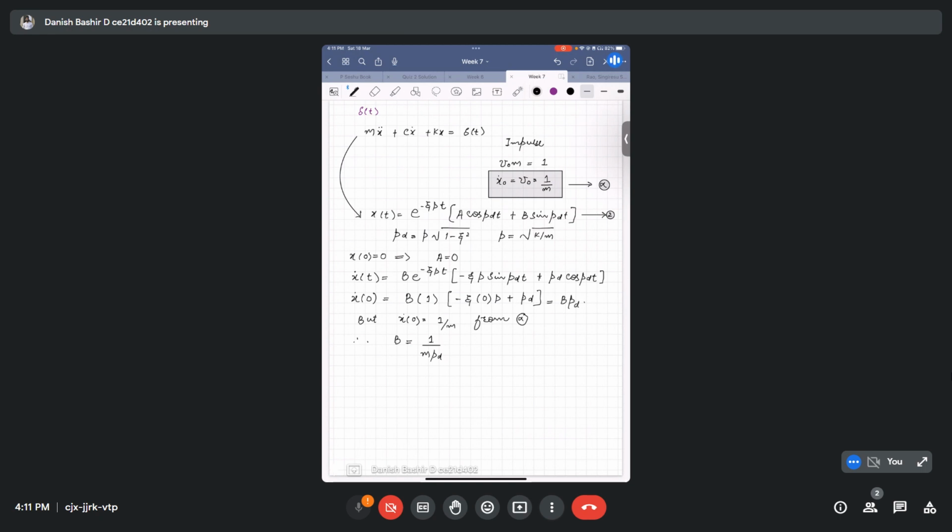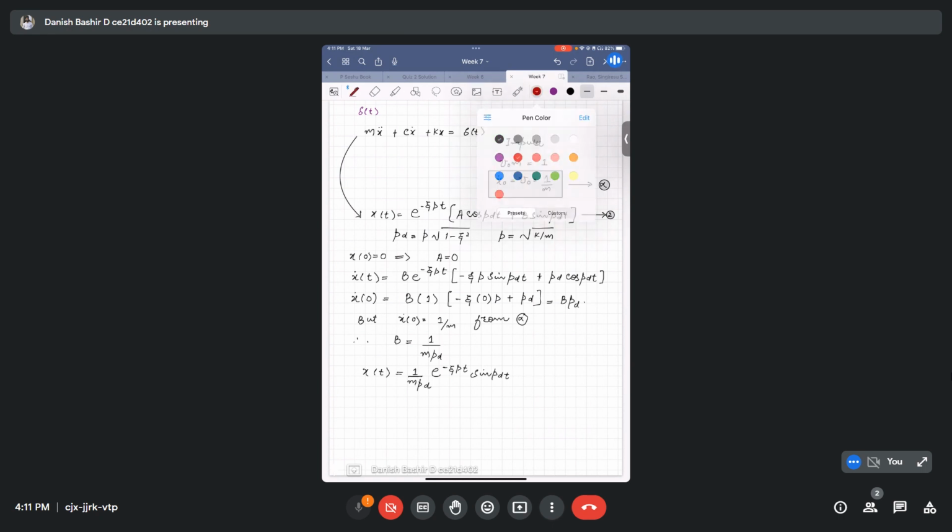So if we substitute this b value in this a and b value here, we will get x of t equal to 1 by m omega_d e to the power minus xi omega t sin omega_d t, because a is 0, so the cos term will vanish there.